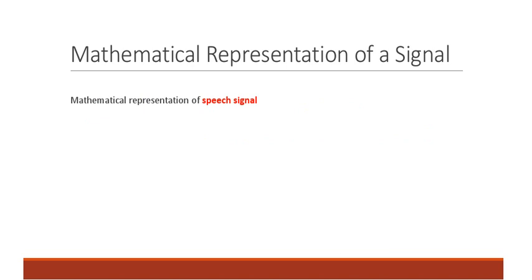Now let us take an example and represent a signal mathematically. Let us take a speed signal. How do we represent a speed signal mathematically? Let me say this is a speed signal recorded for some instant of time. Let me call the speed signal s of t. My independent variable is time t, recorded over, let's say, 0 to around 50 seconds.